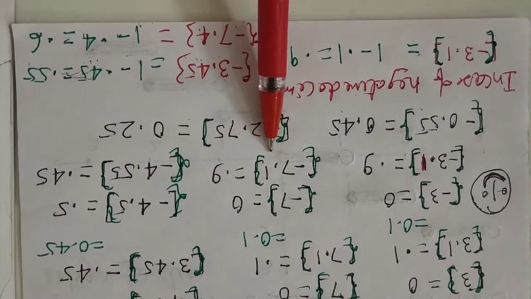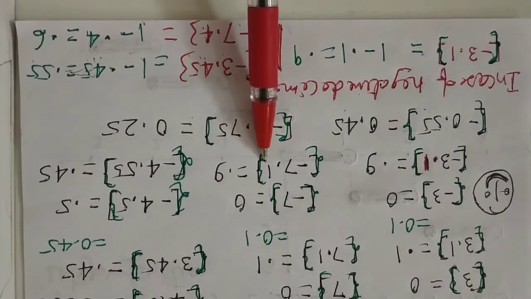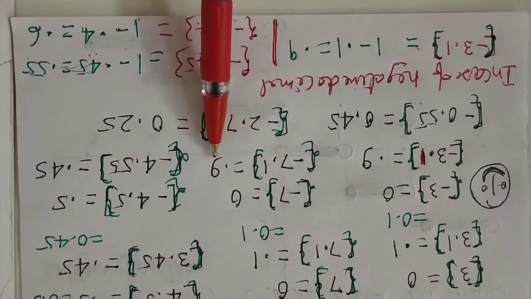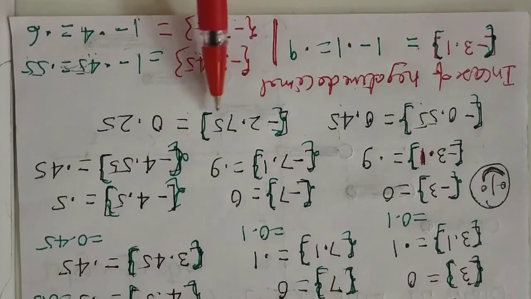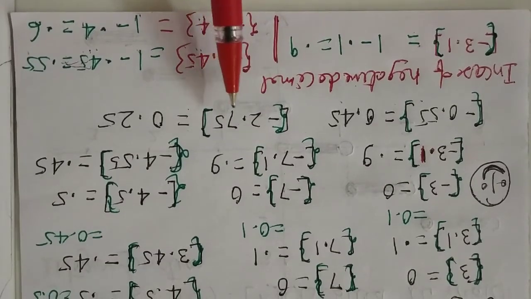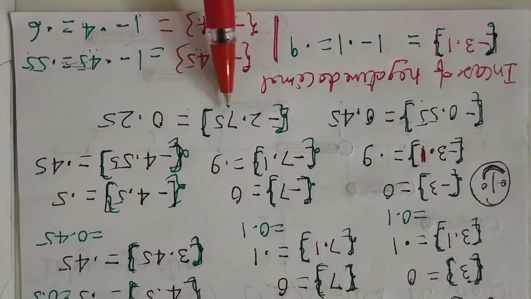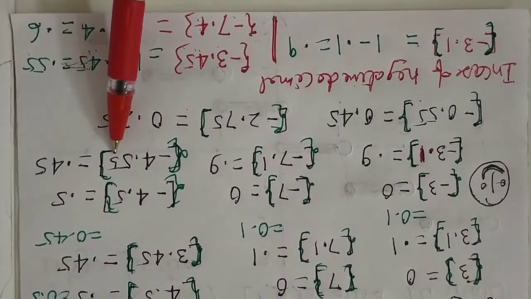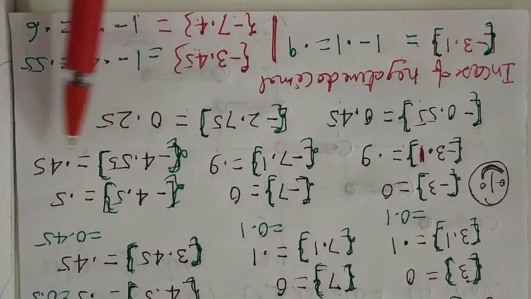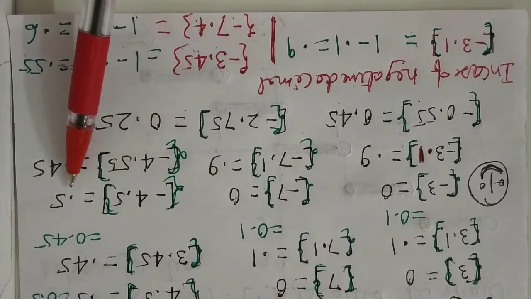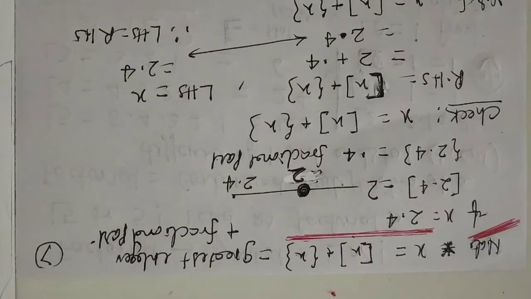Likewise -7.1, subtract 0.1 from 1, the result is 0.9. Likewise -2.75, 1 minus 0.75 is 0.25. Likewise -0.55, 1 minus 0.55 is 0.45, and -0.5, 1 minus 0.5 is 0.5.